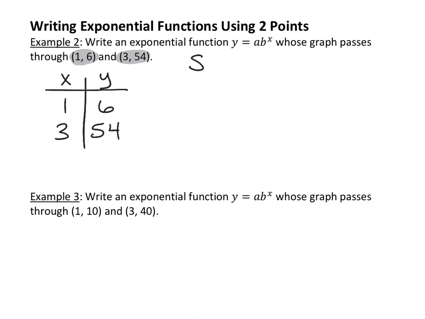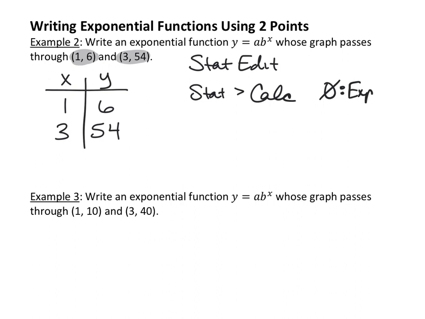Once you have a table, you press Stat Edit on your calculator, and you would type in the numbers. After you have it typed in, I'm going to press Stat Edit again, and I'm going to go over to the Calculate menu. I guess it would be better said Stat Calculate. And you're going to choose option 0, which says exponential regression.